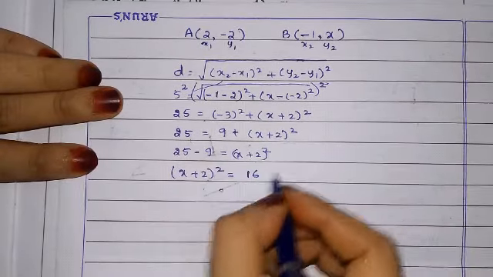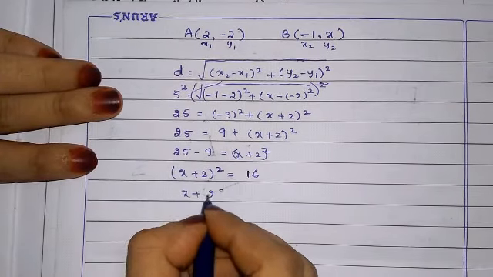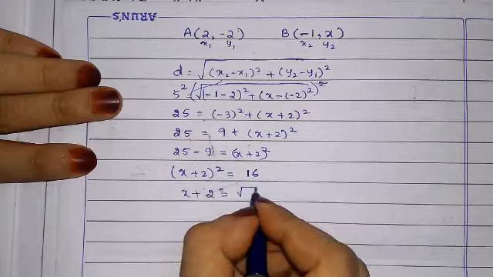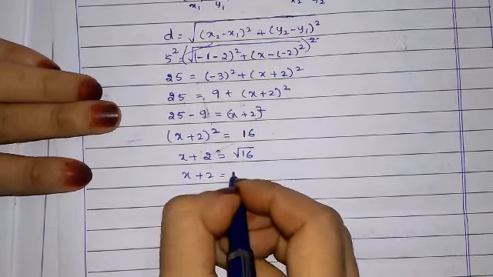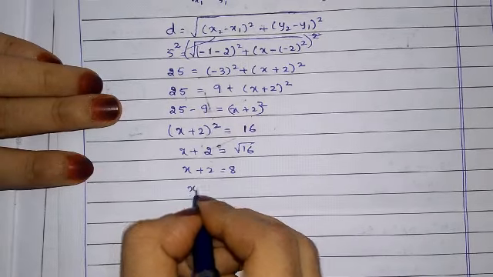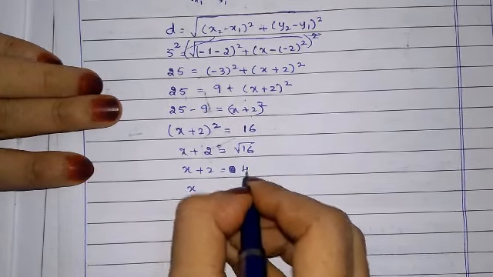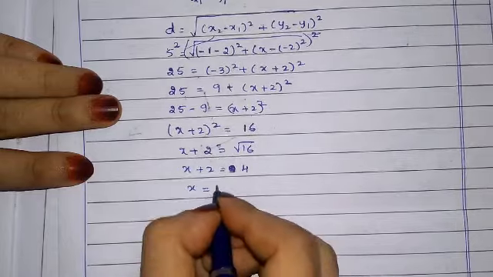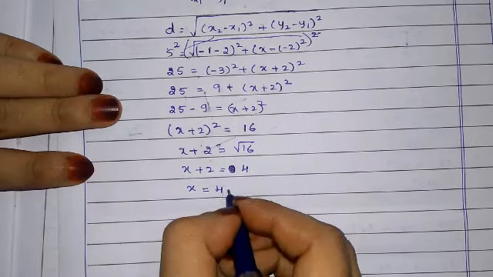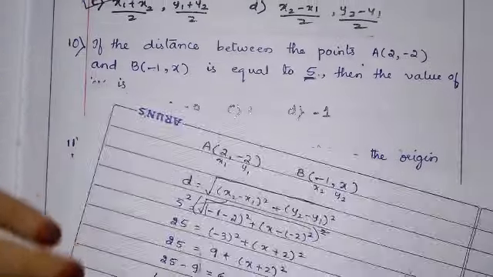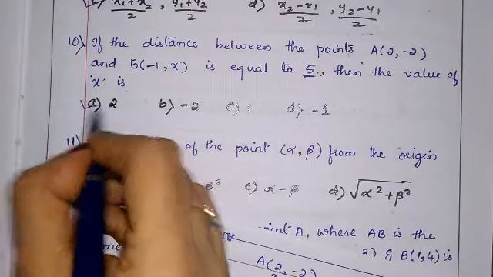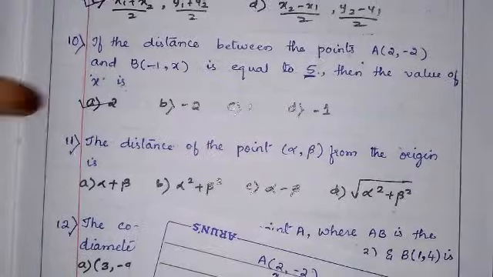This square, if we take it to this side, becomes root. x plus 2 is equal to root 16, which is 4. x is equal to 4, and if I bring the 2 here as minus 2, the value is 4 minus 2, which is 2. So the answer is A, 2, the correct value.